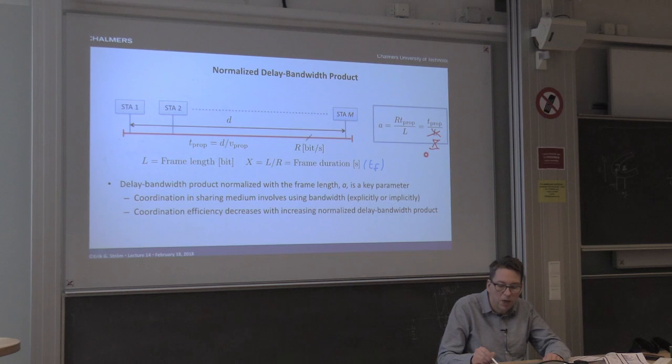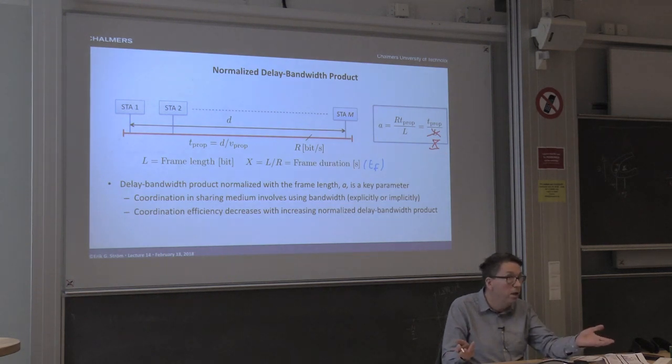So A tells us how many frames can at the same time be transferred on this cable. Suppose A is popping out frames here. Each takes x seconds to put on the cable. How many of these x's can we fit into this cable? That is A. It's the propagation time divided by x.